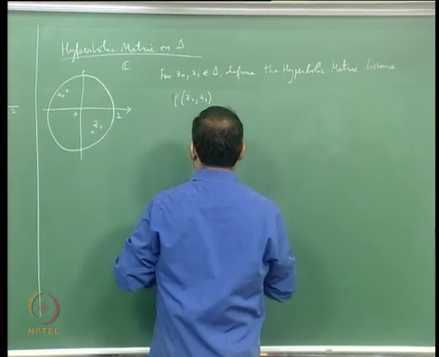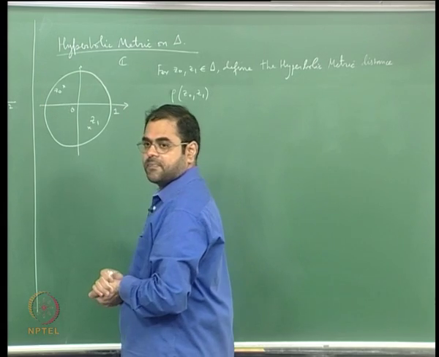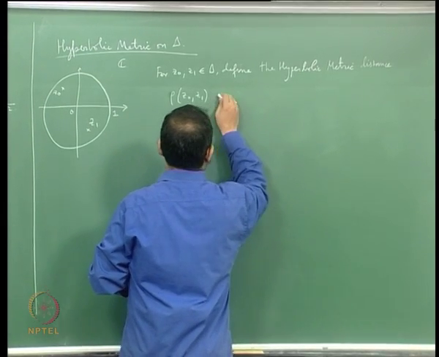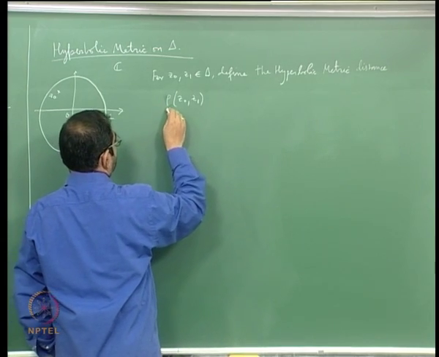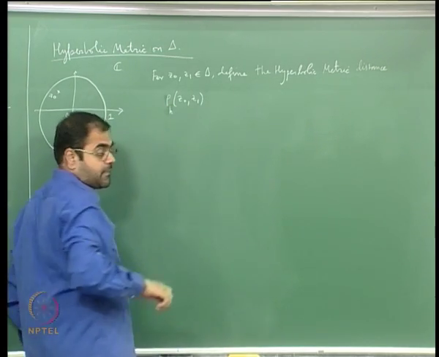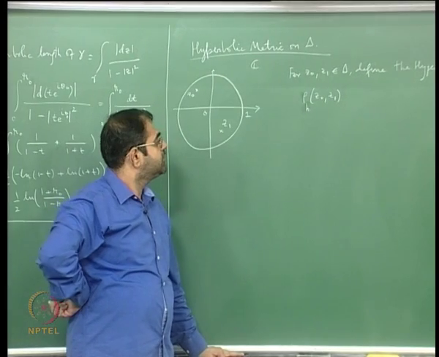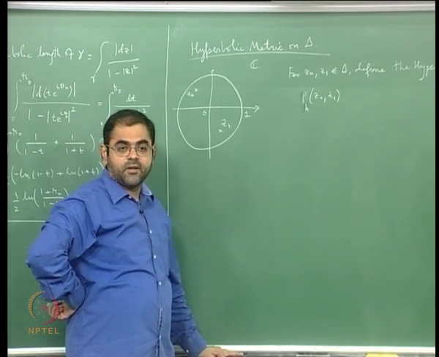I am using the symbol rho, maybe I'll use rho sub h, to insist that this is hyperbolic.